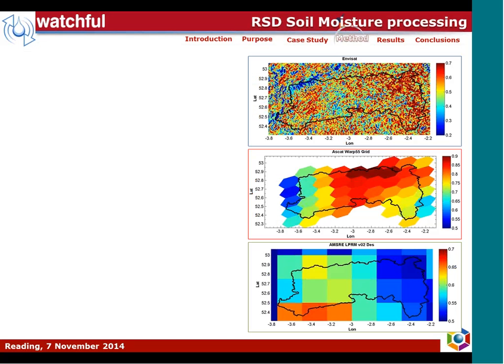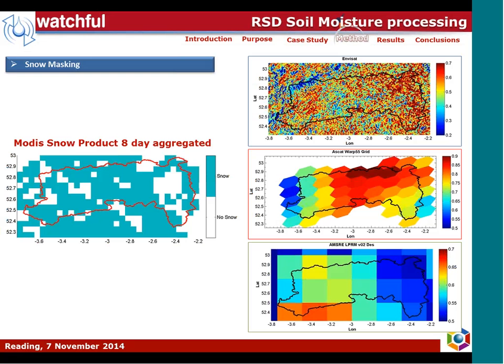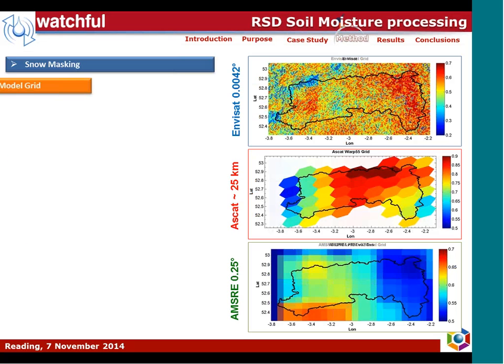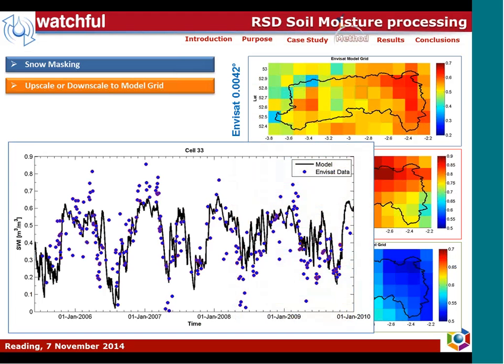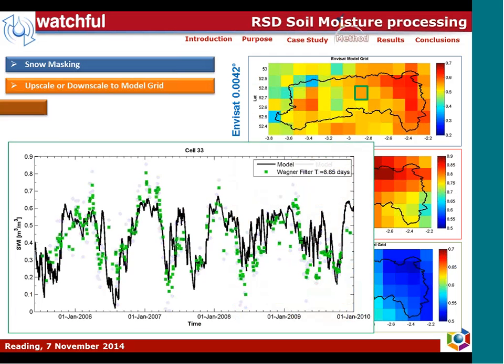I will only briefly describe how the soil moisture data was processed. I think especially those that were here in the beginning of the week probably got much more information on this. So we used snow masking, because that was what really hampered the use of this data set in our case studies.